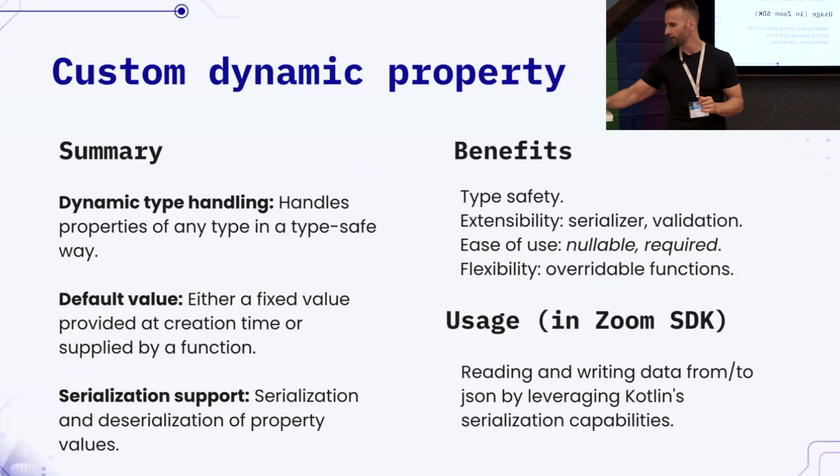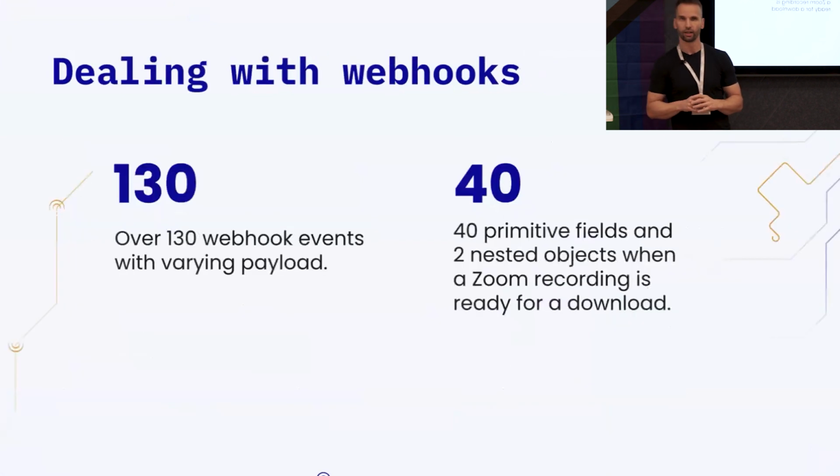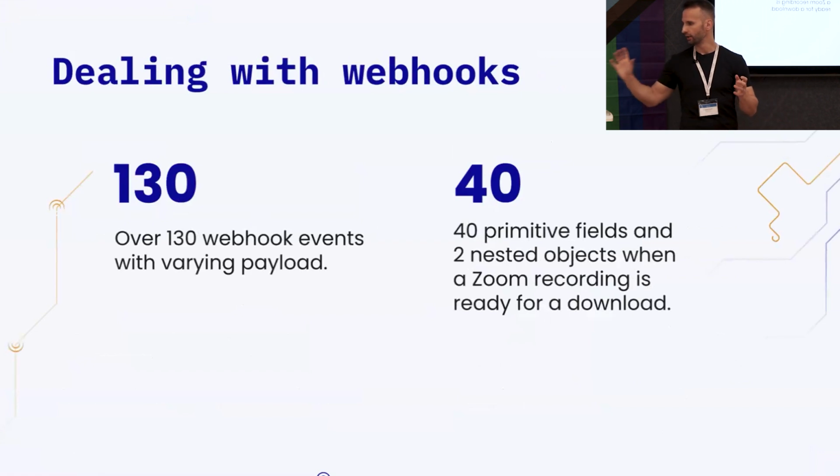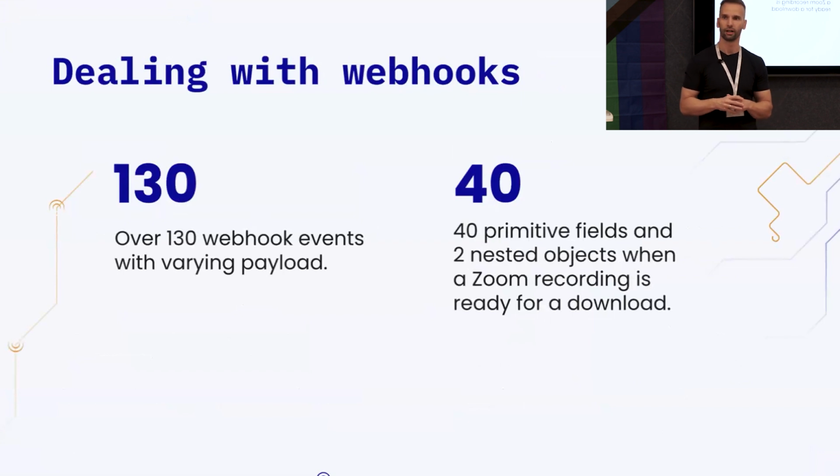The use case I was trying to solve with that was primarily webhooks. Another use case would be API calls, but say there are a lot of webhook requests in the Zoom API. There are over 130 different events with some common structure, but also a large variety in terms of the payload. And some of the payloads can have quite complex fields.